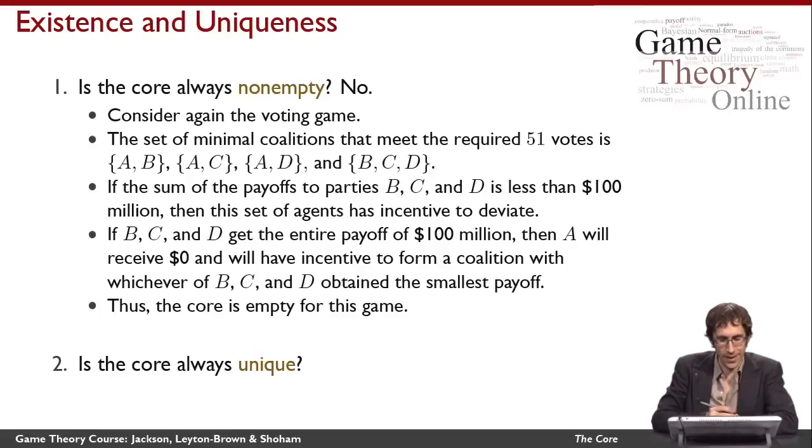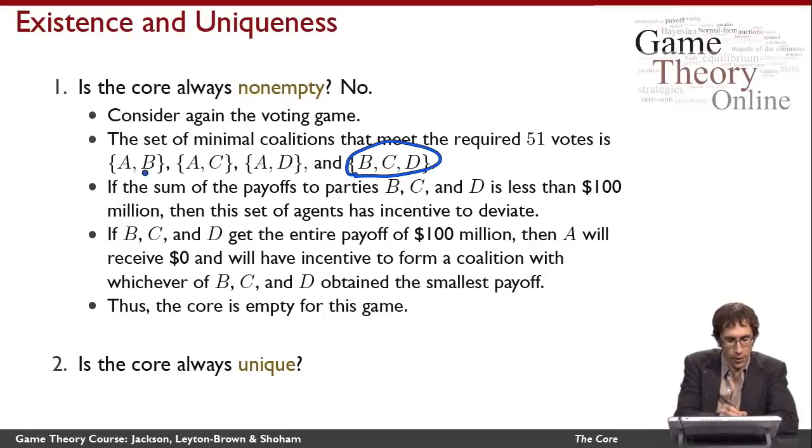In particular, we can see that if the sum of the payoffs to the parties in B, C, and D ends up being less than 100, then this set of agents has reason to deviate and form this coalition, where they can then divide the full 100 million amongst themselves. However, if B, C, and D get the entire payoff of 100 million, then A can form a coalition with any one of B, C, or D, which would be sufficient.